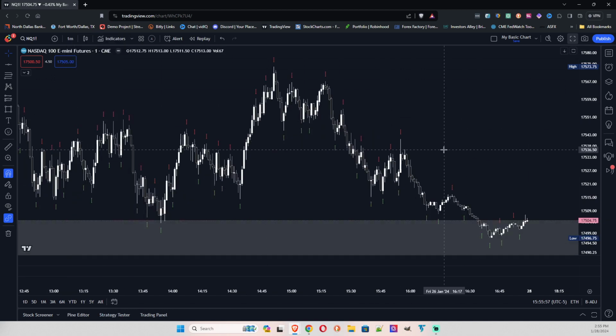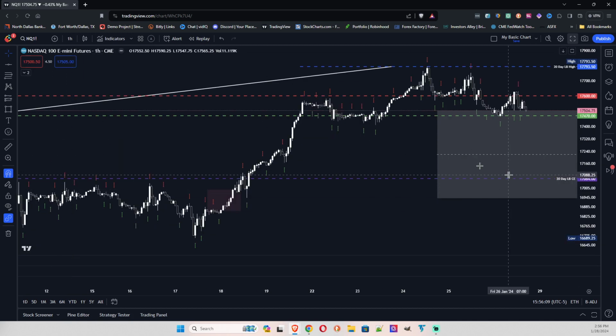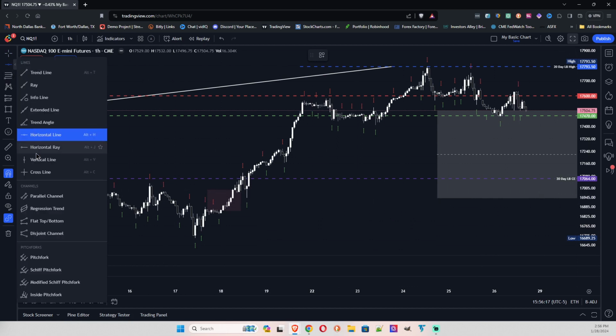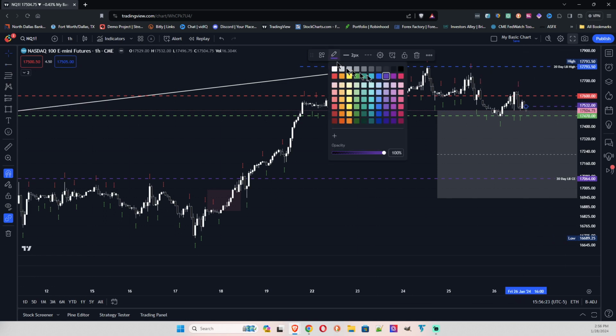What I'm going to do when the market opens, oh, I need to do something real quick. I need to mark previous day's high and low. I usually use a blue line for this.